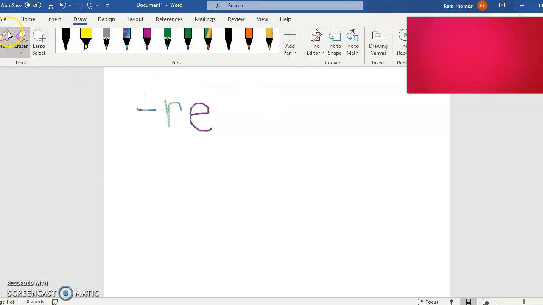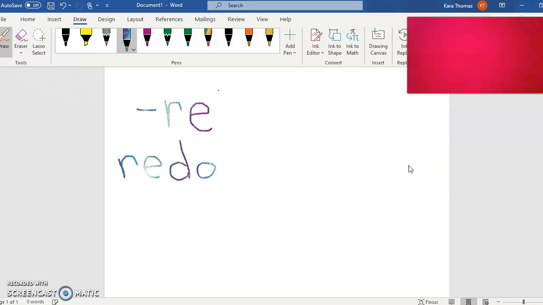So the first suffix, not suffix, prefix we're going to talk about is the prefix re. Remember, you can add re to the beginning of a word to make a new word, like redo. The prefix re means to do it again.